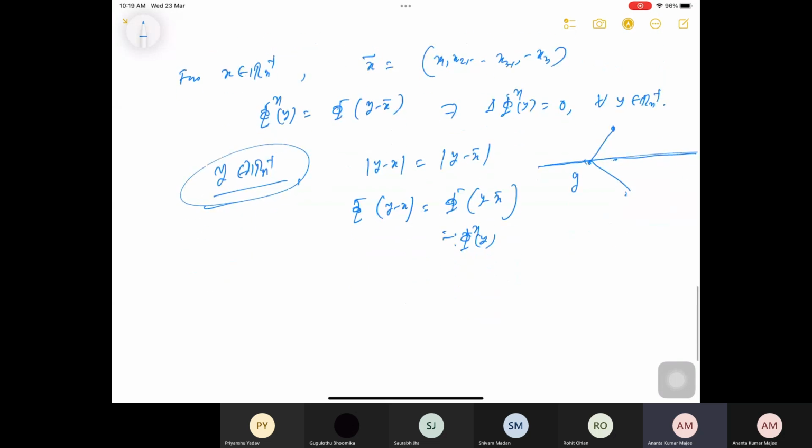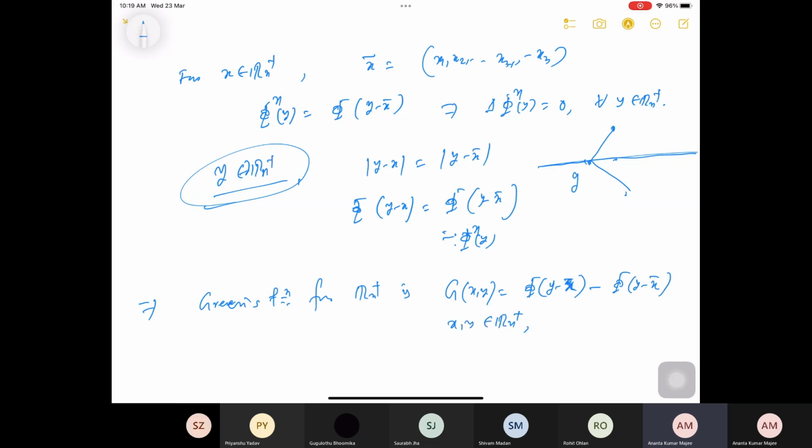The Green's function for R^n_+ is G(x,y), which is P(y minus x) minus P(y minus x bar), for all x, y in R^n_+ with x not equal to y, because by definition x should be not equal to y for G(x,y).